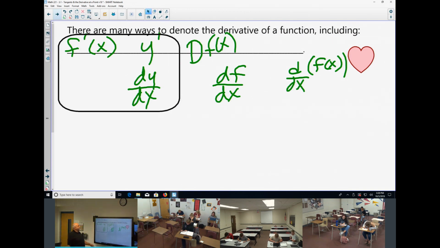These other three are used in your book, but not as much. These three are like 95% of the time. But there's df of x, df dx, d f of x dx. I don't hardly ever use any of those when I'm doing a problem.